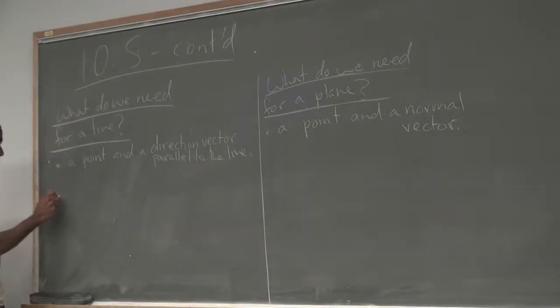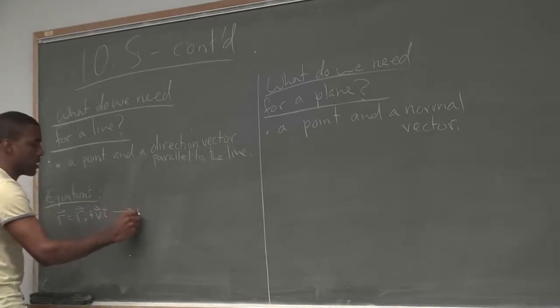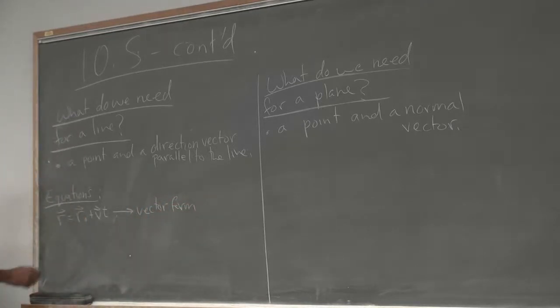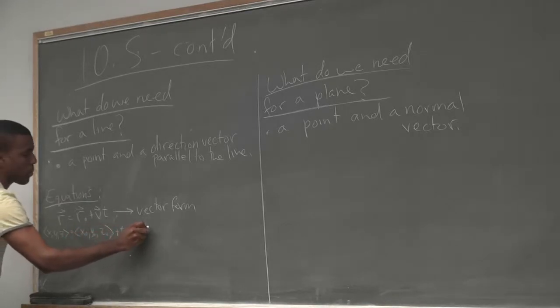Equations for the line. r equals r0 plus vt. This is called the vector form. You could also write this as, if you want to flesh it out, which sometimes is useful, x0, y0, z0 plus t times a, b, c.